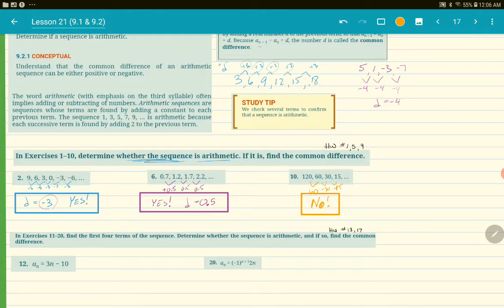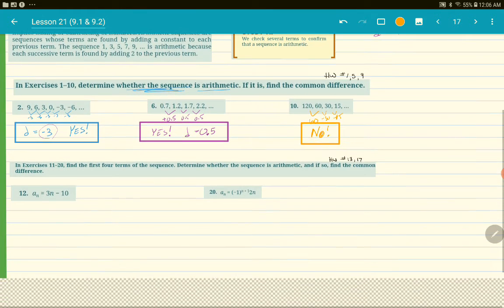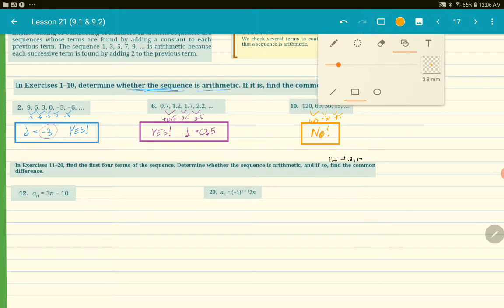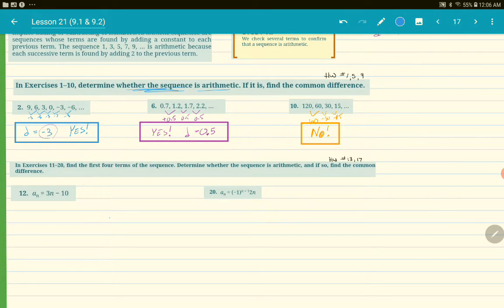And then the next section we're doing is 11 through 20, where you're doing 13 and 17 from here. So for 12, let's read the directions first. Okay, we're going to find the first 4 terms of the sequence, and then we'll determine whether the sequence is arithmetic, and if so, what that common difference is. So let's figure out what those first 4 terms would be.